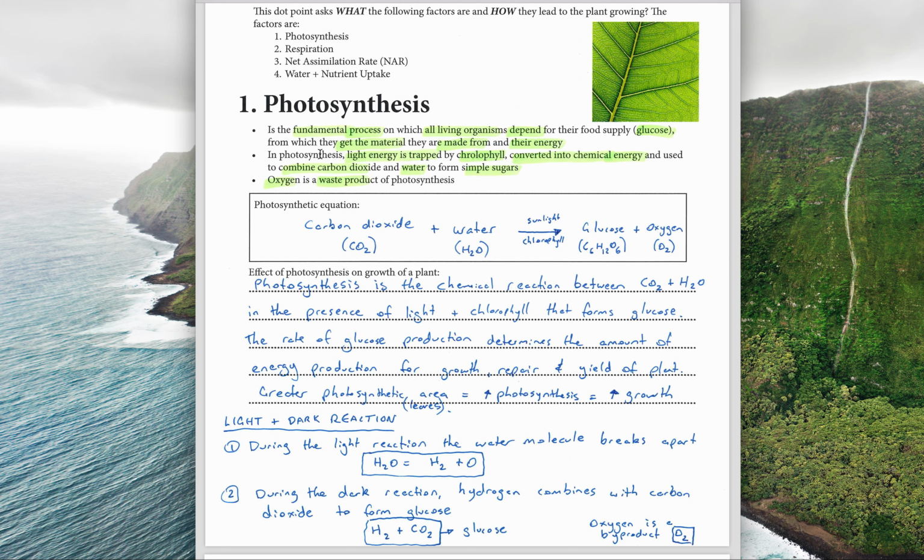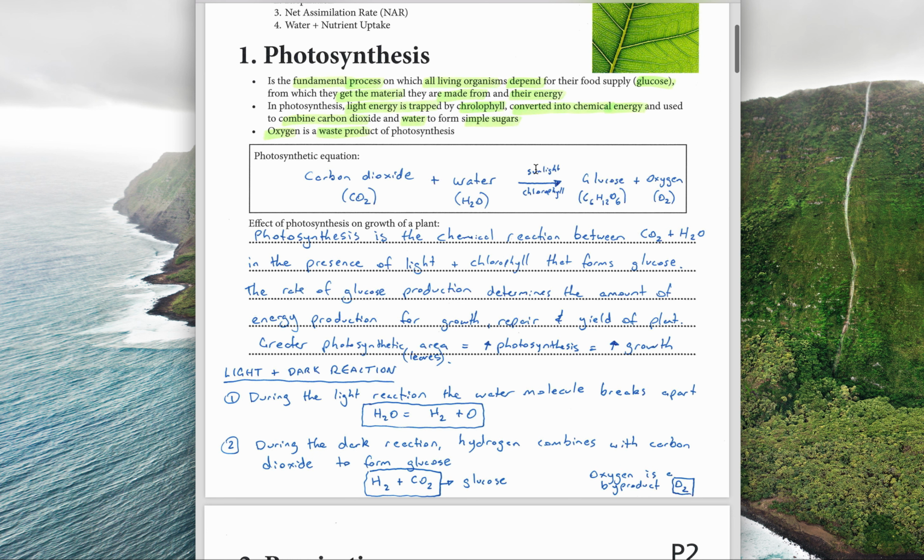So in photosynthesis, light energy is trapped by the chlorophyll in the chloroplasts in the leaves, in the green part of the leaves. It's converted into chemical energy and used to combine carbon dioxide and water to form simple sugars. So hopefully you know the photosynthetic equation. In agriculture, if you remember the chemical symbols, that's great, but the word equation is fine as well.